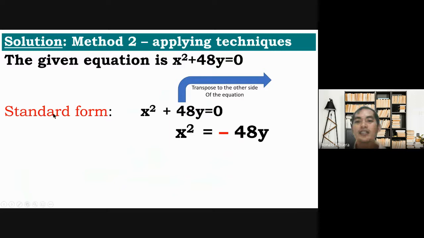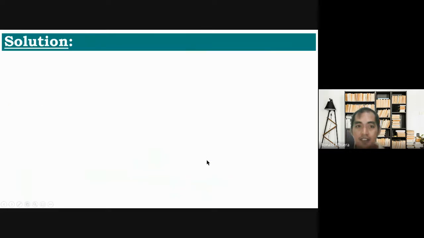So that's the standard form of the parabola. Ito na ang sagot. The next is, makukuha mo na ang length of the latus rectum. Whatever the coefficient of y na nasa right side, disregard mo lang yung sign, that's already the length of the latus rectum. Take note, x squared equals negative 48y is already in a standard form.